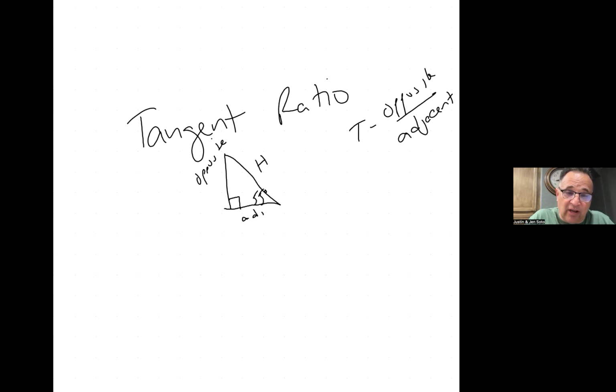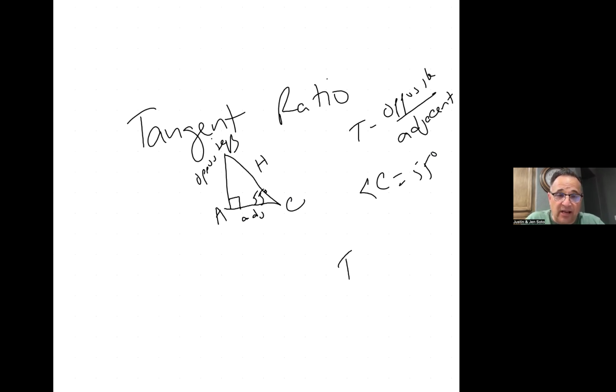If you call this triangle ABC, angle C is 55 degrees, and the tangent of angle C is the opposite over the adjacent. I'll show you how to do that in a minute, but I'm just laying out how this works.